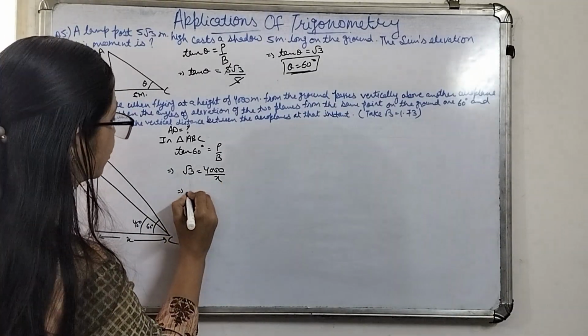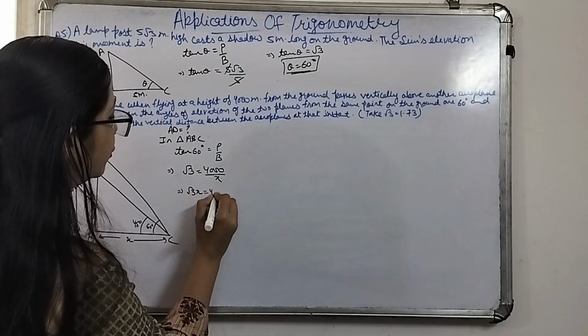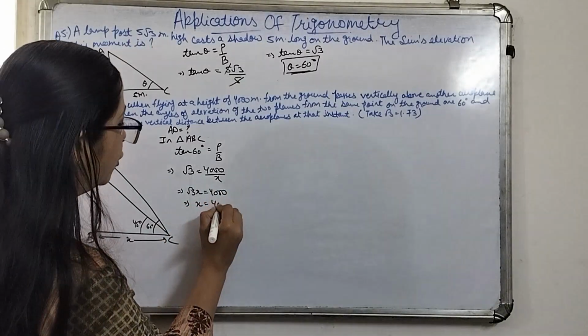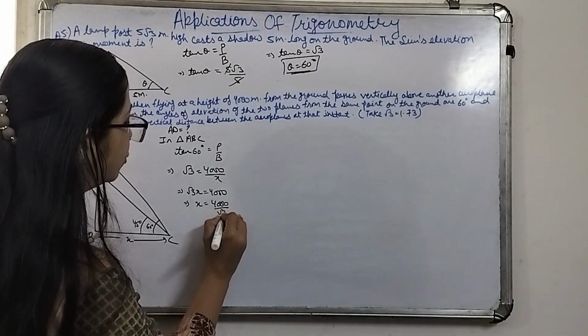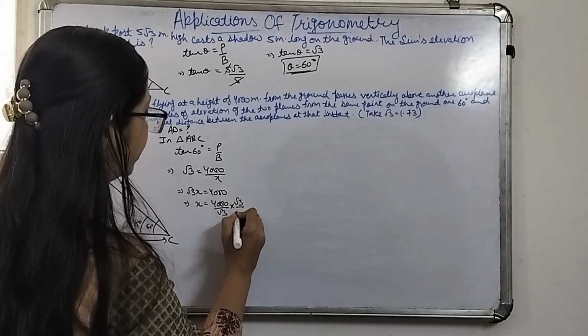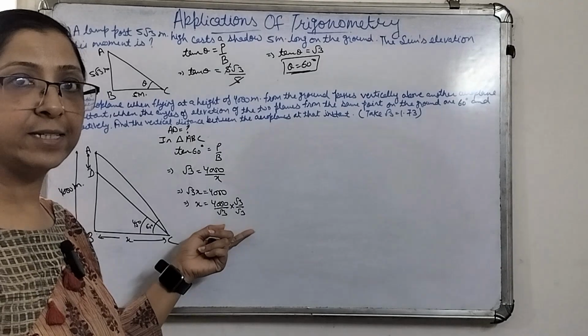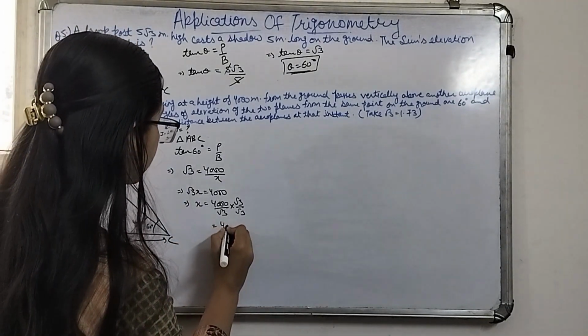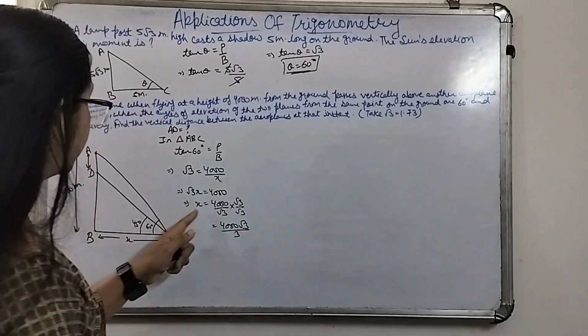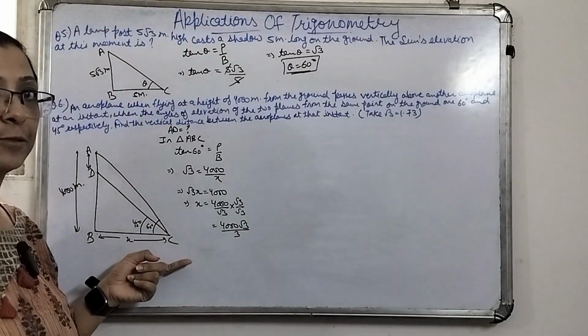Cross multiplying, root 3 times x is equivalent to 4000. Or we can say that the value of x is 4000 divided by root 3. We can solve it further by multiplying and dividing by root 3, rationalizing it. So it becomes 4000 root 3 divided by 3. This is the value of x, that is BC.